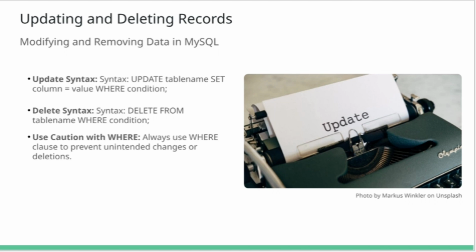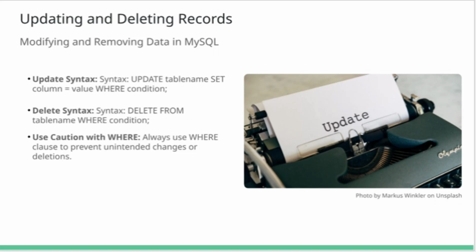So the syntax is like: update table name, set column equal to value, where condition, ending the statement with a semicolon. Second one is delete syntax. This is used to remove records from a table. It deletes the rows that meet the specified condition.